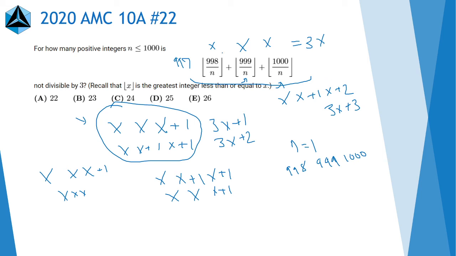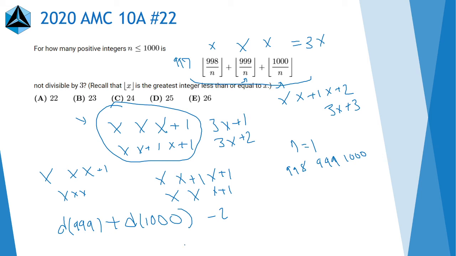You want to disregard 1. So let's let d of n be the number of divisors. We want to count d of 999 plus d of 1000, and subtract 1 from each of these counts, since we count 1 once here and once here, so we subtract 2. There's no overlap between the divisors because they're consecutive integers, so they are relatively prime.